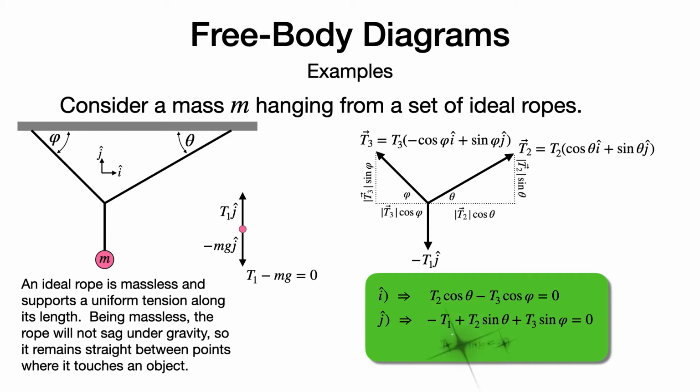And we also have the equation from the free body diagram for the mass itself, which is that T1 is equal to mg. So we can eliminate T1 from the vertical equation above. This leaves us two equations with two unknowns, the two tensions T2 and T3. And given two equations and two unknowns, we can solve this to get the tension in the two ropes.